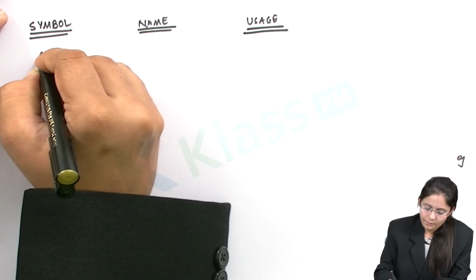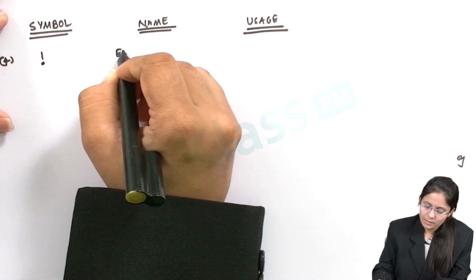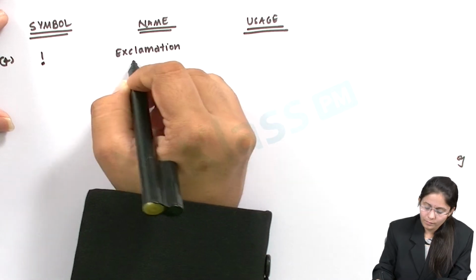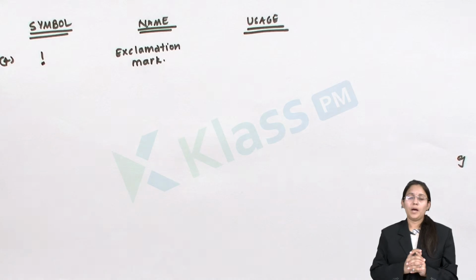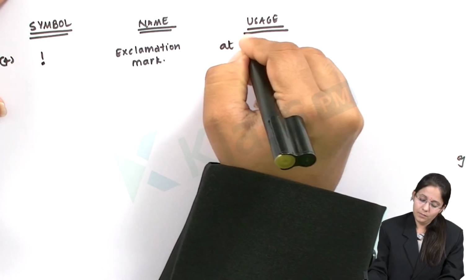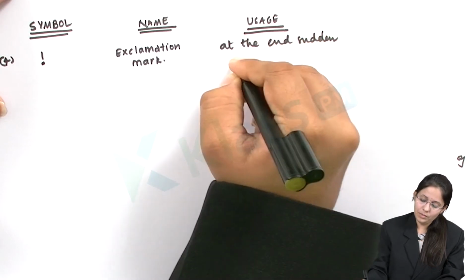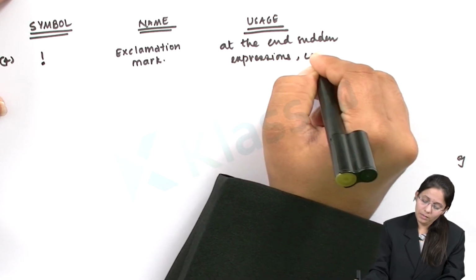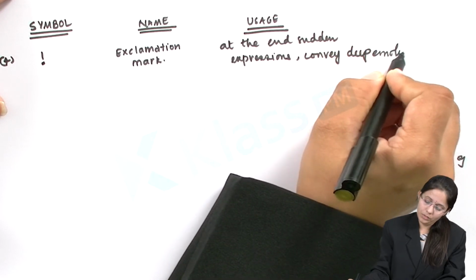So the fourth one is this, and this is termed as the exclamation mark. When do we use an exclamation mark? We use it when we give sudden expressions, where we convey deep emotions, a deep sense of emotions.